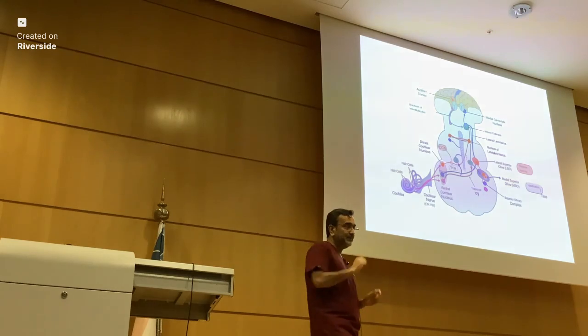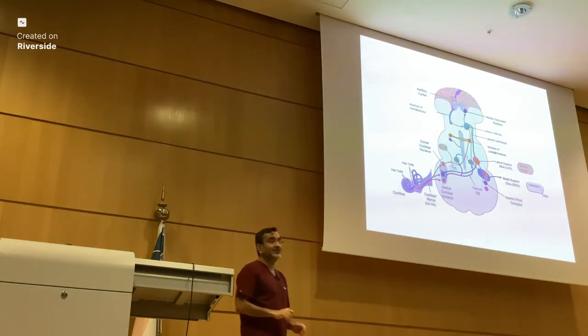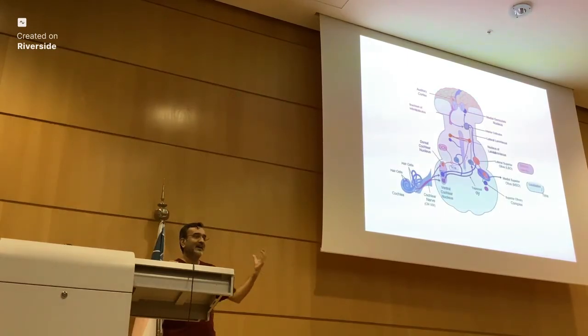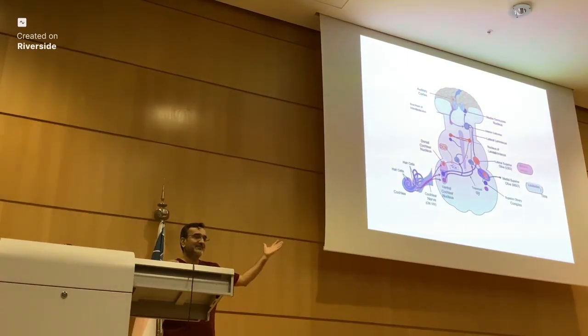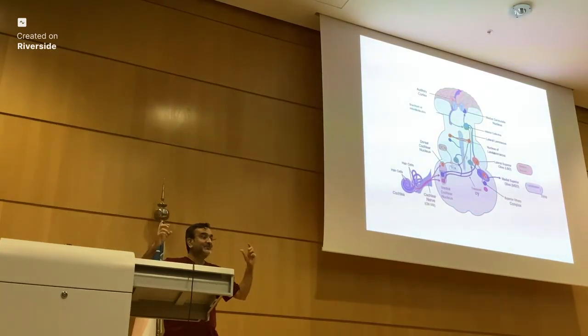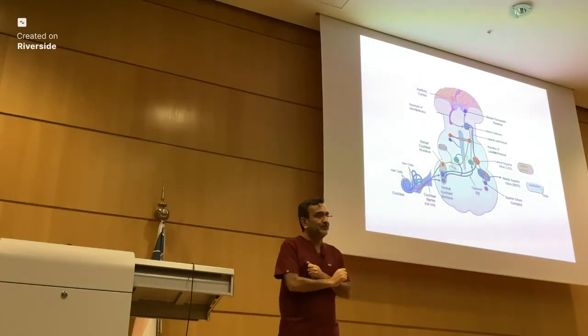The lateral superior olivary complex is important for deciding the intensity. If the sound has higher intensity coming from this side, or this side, the intensity of the sound would be determined by the LSO.